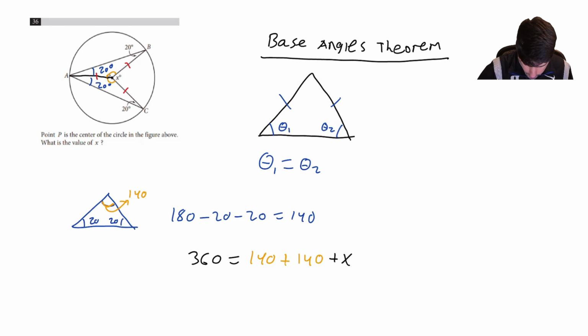So therefore, it's pretty straightforward from this point. 360 is equal to 280 plus x. Therefore, x is equal to 80. There you have it.